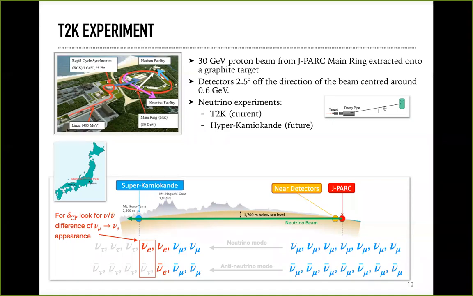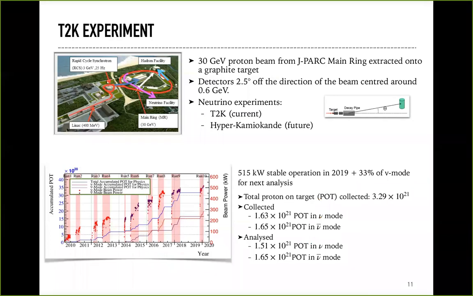And what we want to see is oscillations. You want to see neutrino oscillations, either a disappearance, or an appearance of electron neutrinos, for instance, in this case, or anti-electron neutrinos, but you may look as well at a difference between electron and anti-electron neutrinos. Page 11. So this is just the protons on target.